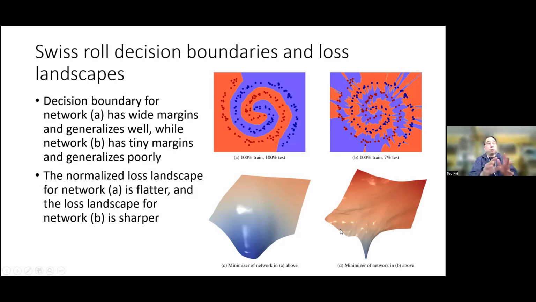Obviously if you zoomed in on this narrow thing, it would look wider, but they're normalized so that they're on similar scales. What you can see is that you have a much wider local minimum here with a flatter bottom, whereas on the right here, we've got this tiny little point where we get 100% training performance. But if we move ever so slightly off of that, then our performance decreases dramatically.